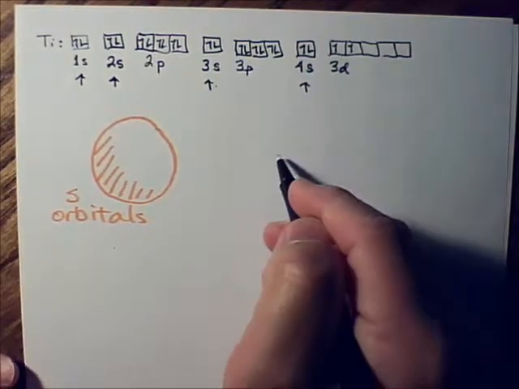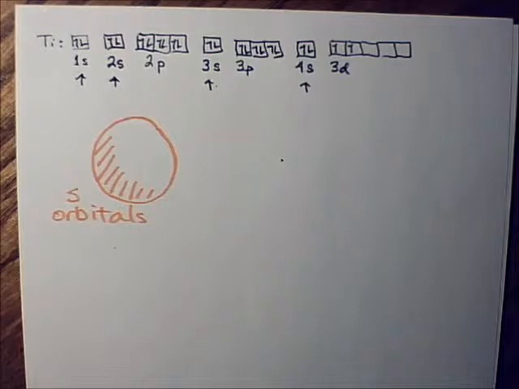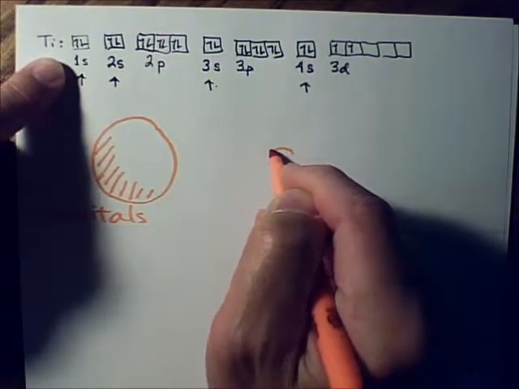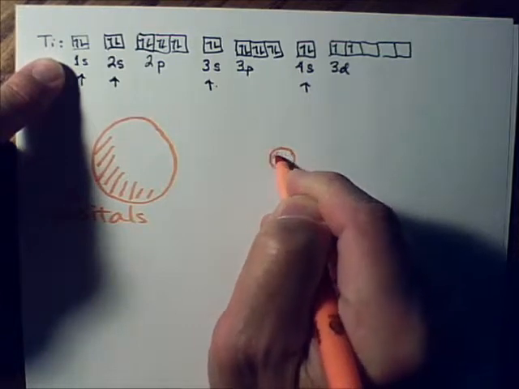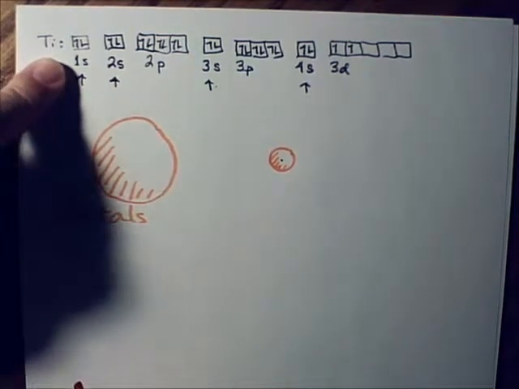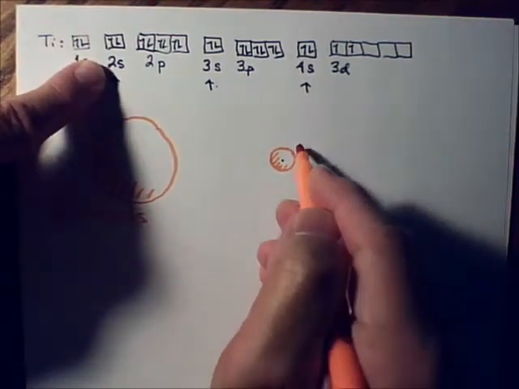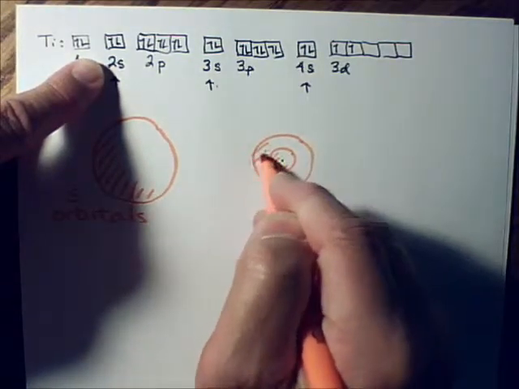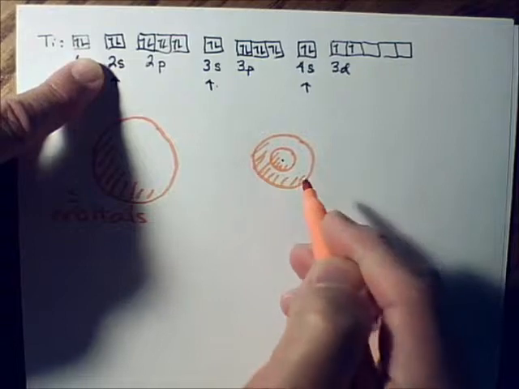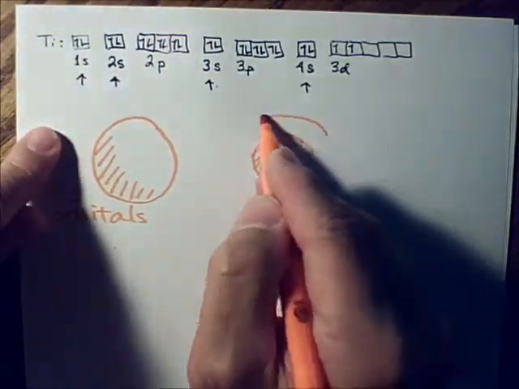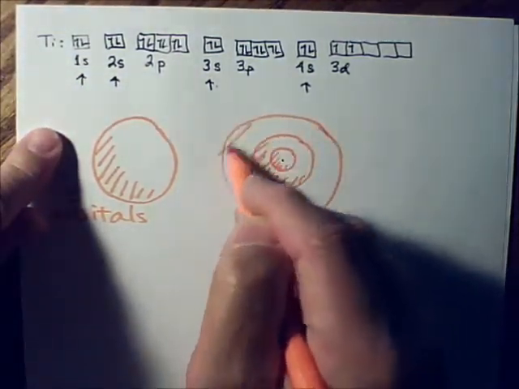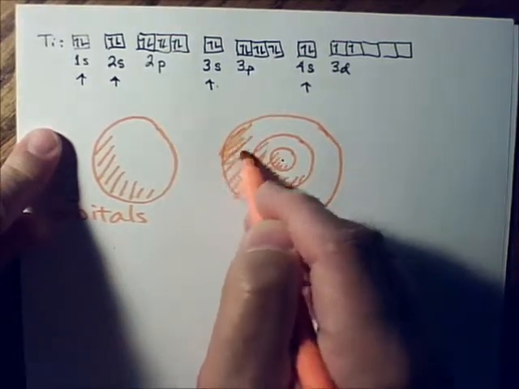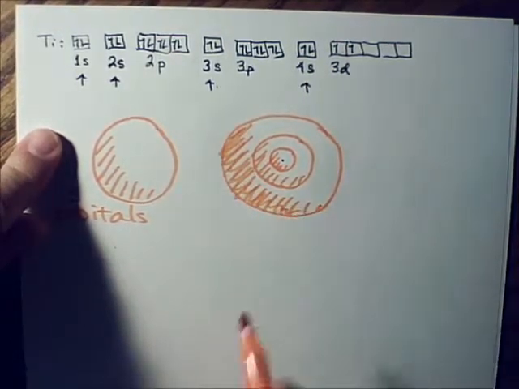So if the nucleus is right here, then this 1s orbital is going to be a sphere surrounding, or roughly surrounding, where that nucleus is located. And that 2s orbital surrounds that. And the 3s orbital surrounds that. Just shading to kind of show there's a sphere, not a circle.